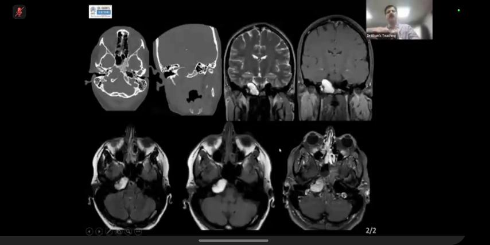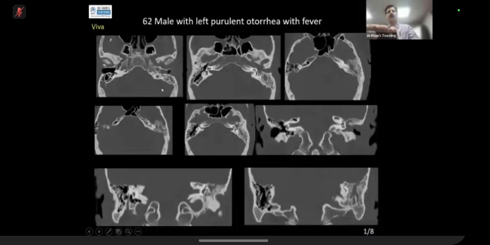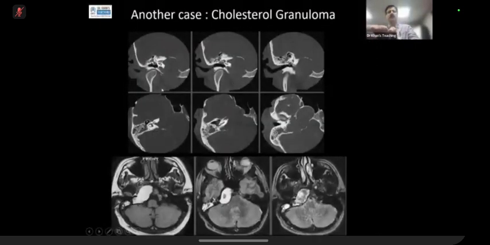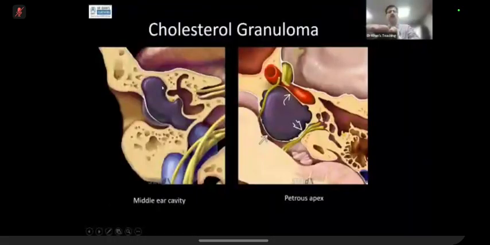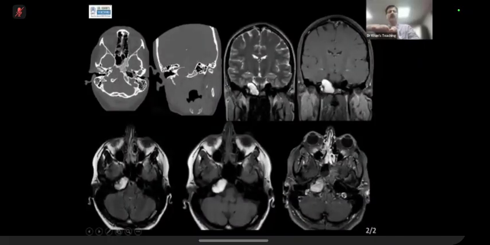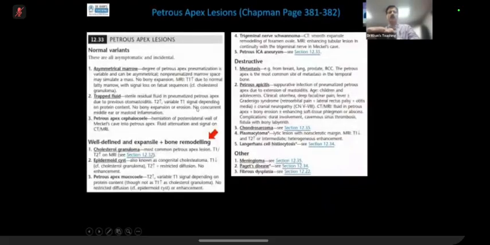Please remember that there is no concept of an aneurysm of the carotid canal expanding it like this, because an aneurysm cannot expand the carotid canal. It's a very tough bone.